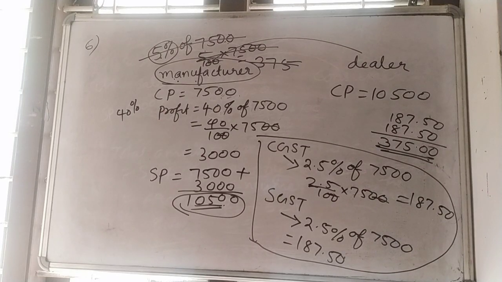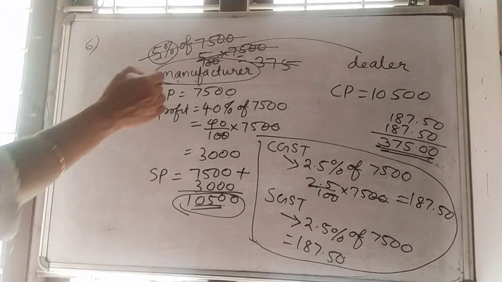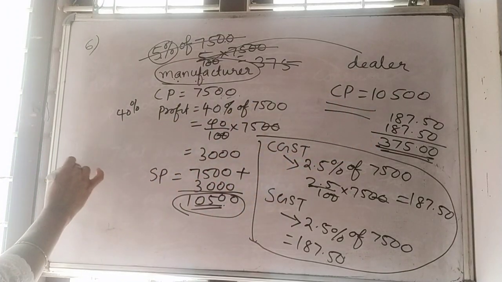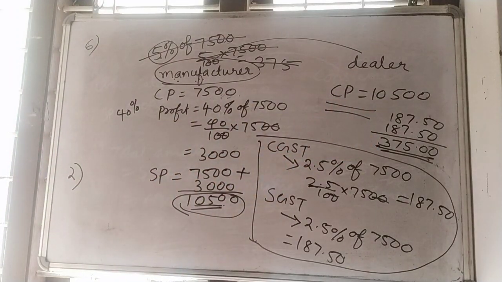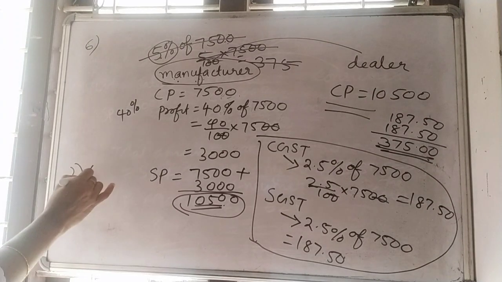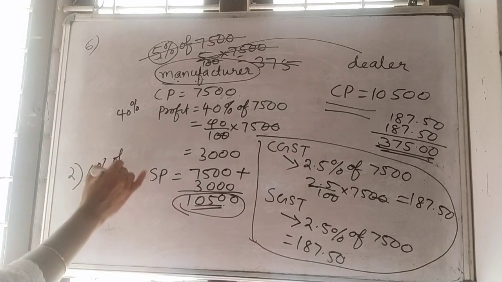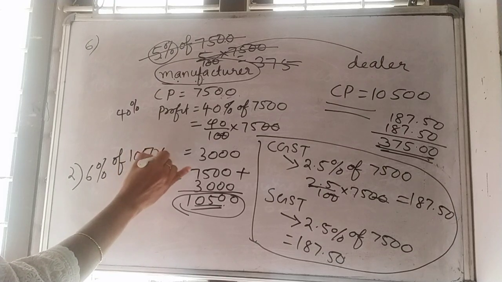So what will be the output tax under GST collected by the manufacturer? The second part of our question is we have to find out the SGST and CGST collected by the manufacturer. We have 6%, half of 12% GST.